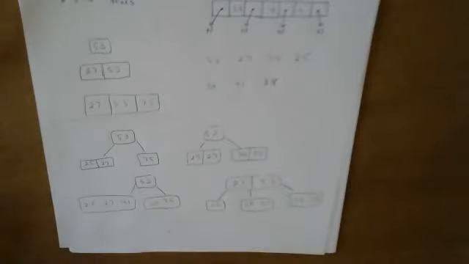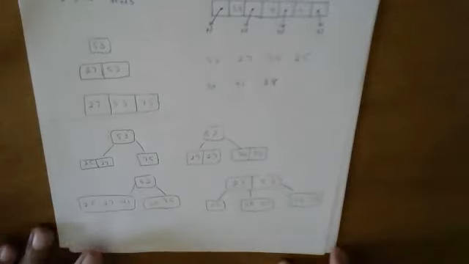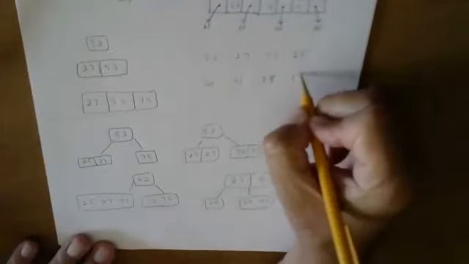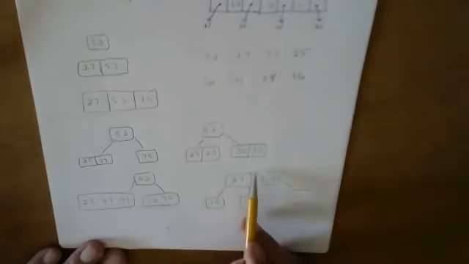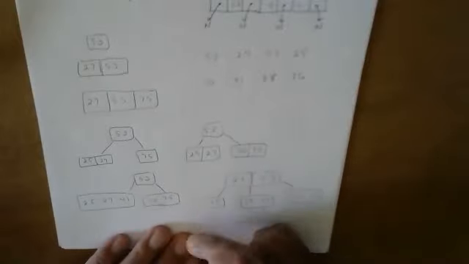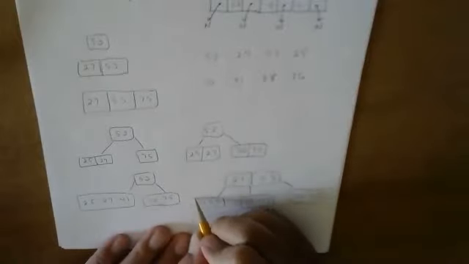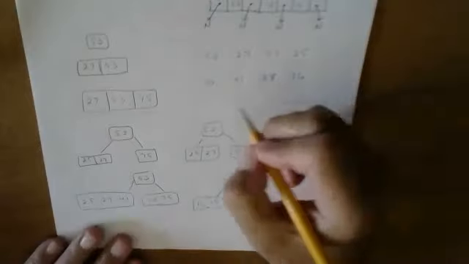Okay, so the last number I added was 38. I'm now going to add 16. Well, let's see, 16 would go to the left of 27, so I can put 16 in here. No problem. Next number I'd like to add is 59. 59 can go where? Well, I take a comparison to the first two.